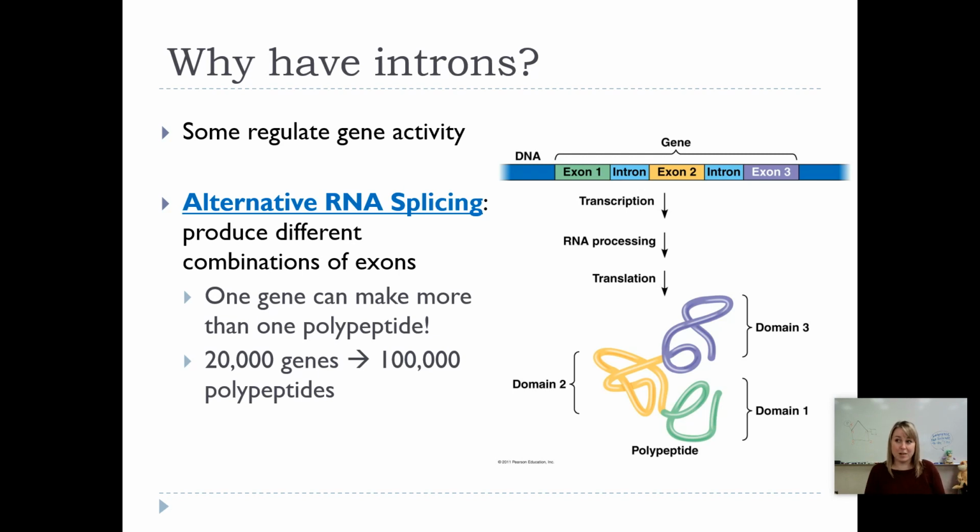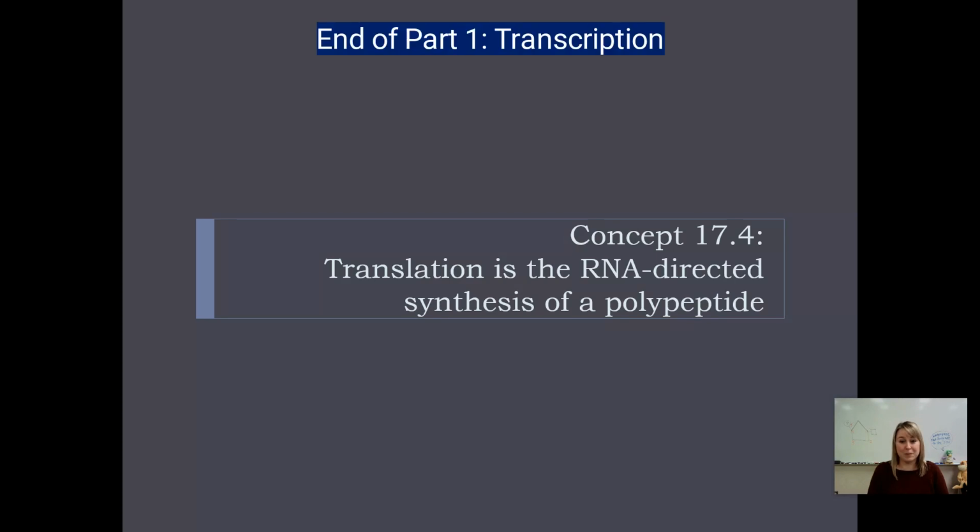So with small amount of genetic information, we can be as complex as we are and make so many different proteins, even though we only have 20,000 genes. We can make way more than that when it comes to proteins. Very, very cool. Translation.